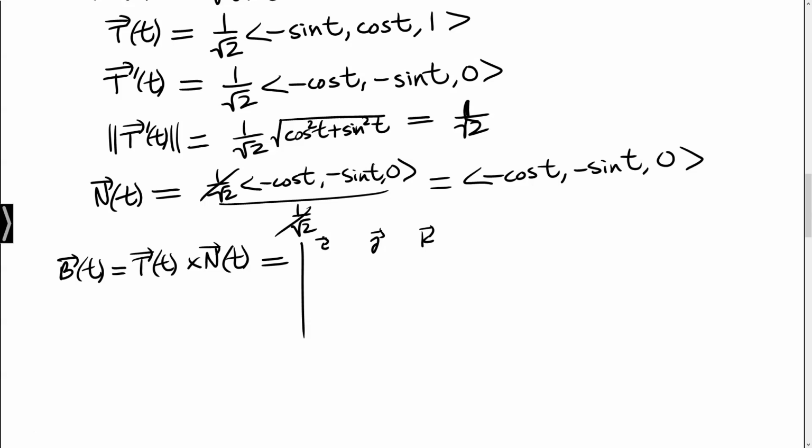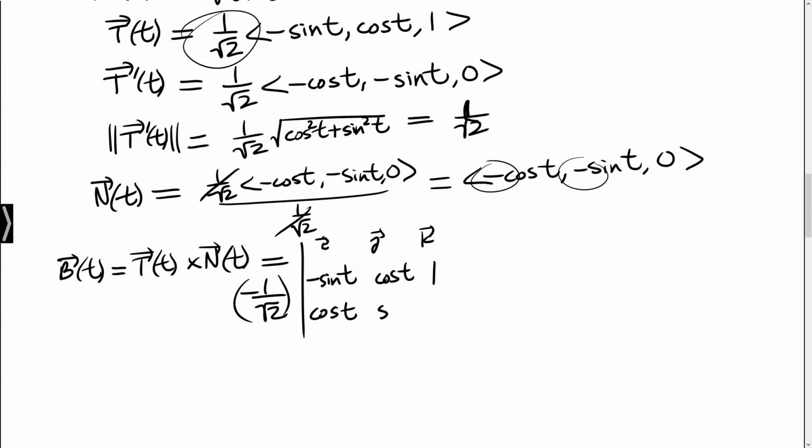And then we'll also take a minus from the N. So the minus from here is all going to come out as a minus 1 over root 2. So it's minus 1 over root 2 times the cross product of minus sine, cosine, 1, with cosine, sine, 0.